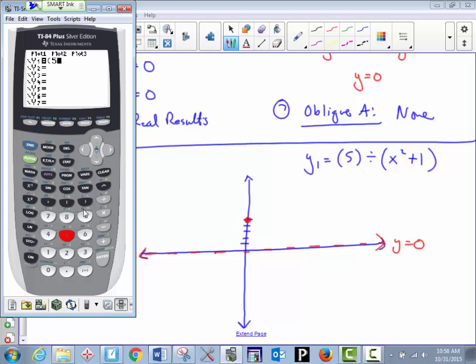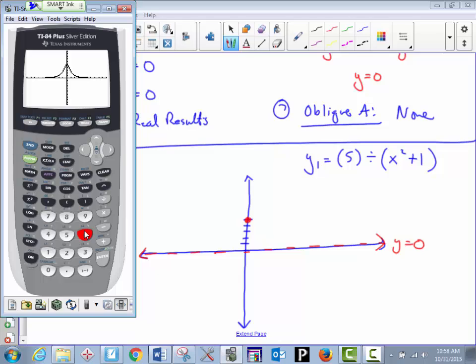So parentheses 5, close parentheses, divide by, open parentheses, x raised to the second, and then plus 1, and then close the parentheses off. It looks like a standard window would work. We know that this y-intercept would definitely be within that. Looks like I have a typo up here. This needs to be a plus 1 and then close parentheses. All right, and then let's just graph this in a standard window.